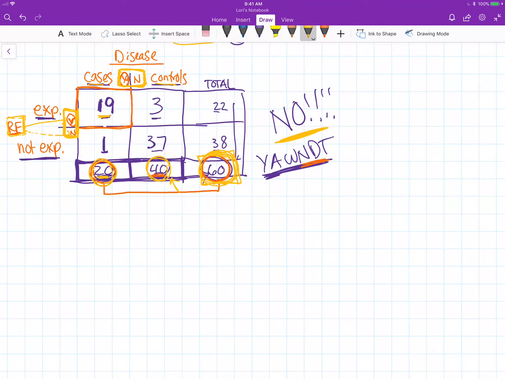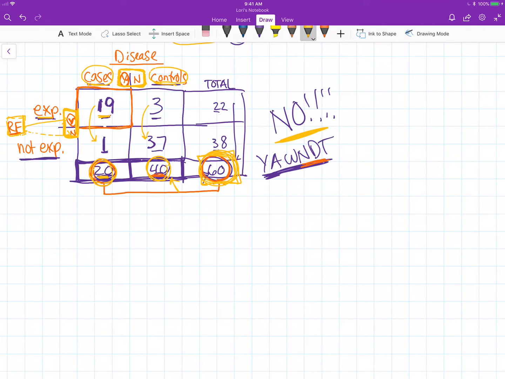So really what we're doing is we're calculating the odds of exposure among cases, and then we're calculating the odds of exposure among our controls. Now here's our exposure. So the odds of exposure in our cases is 19 to 1. And our odds of exposure in controls is 3 to 37.